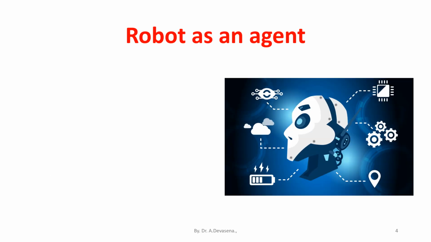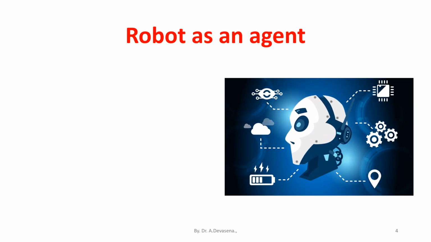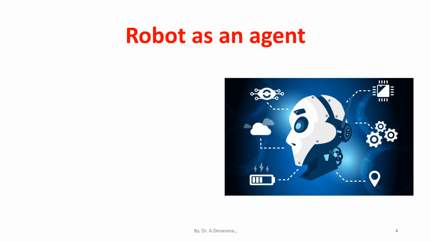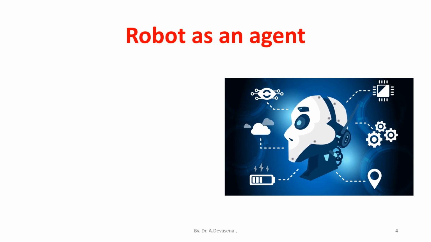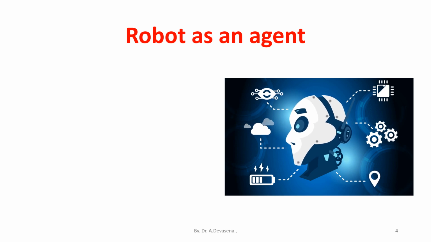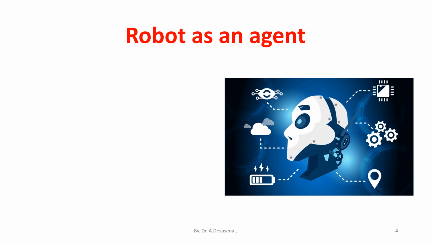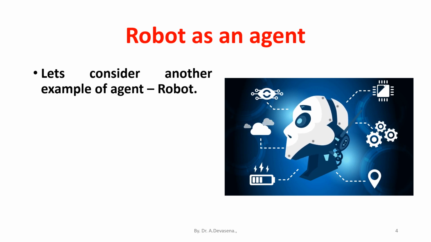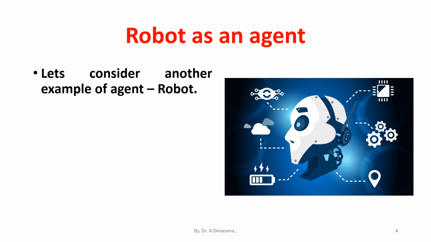Let us consider robot as an agent. A robotic agent might have cameras and infrared rangefinders as sensors. Robot can have various motors acting as actuators.